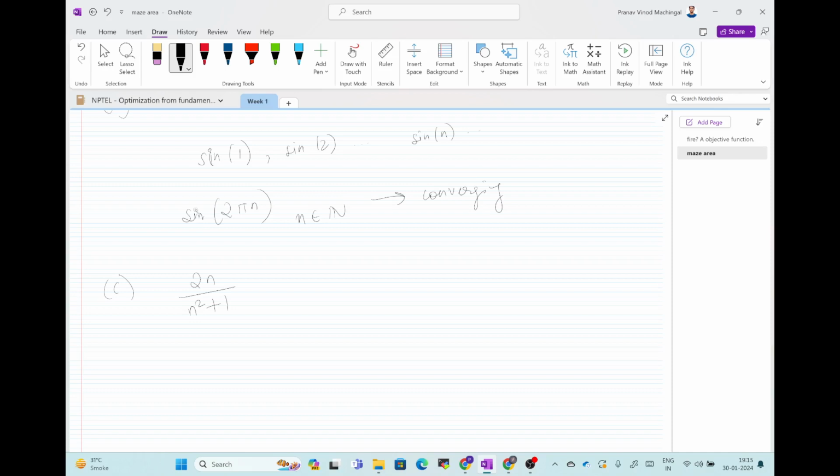Because we can write this as 2 by n upon, so maybe I can write it as 2 by n upon something. The numerator sequence is going to 0 and the denominator sequence is converging to 1.